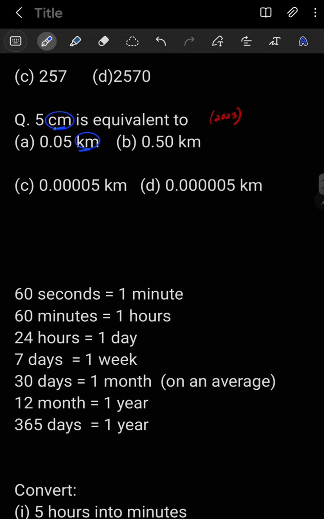So centimeter you have to convert into kilometer: centi, deci, meter, deca, hecto, kilo. So this much you have to divide, then you will get the values in kilometers. Okay, like that you have to simplify.